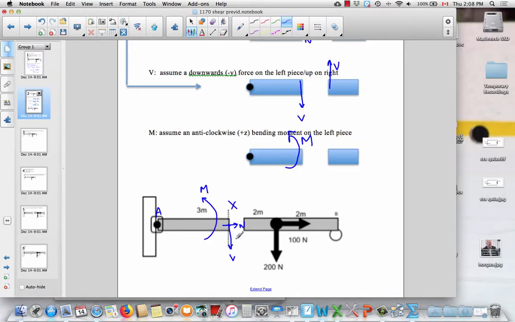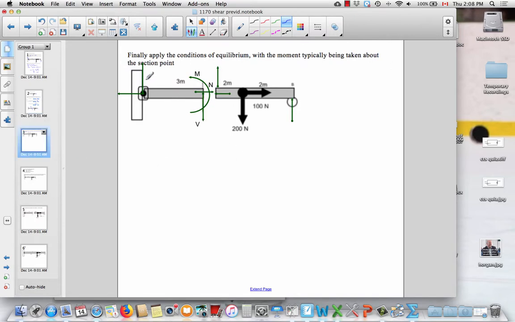That's our sign convention. Now, having drawn those internal forces in, we then simply apply the equations for equilibrium, either to the left half or to the right half. We had previously found that there was the upwards Y force of 57.14. And then this was AX, and it was 100 to the left, so I've just drawn it 100 this way.